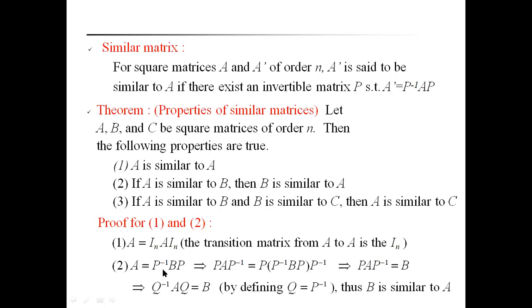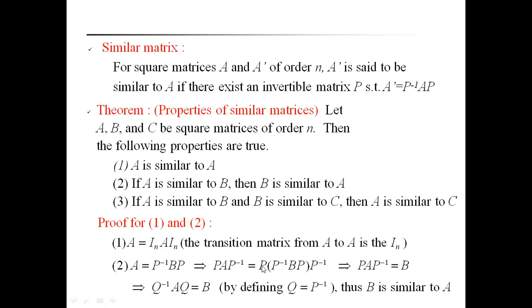A is equal to P inverse into BP. That implies, now multiply both sides by pre and post multiplication by P and P inverse. We get the left side P into A into P inverse is equal to the right side P into P inverse BP into P inverse.